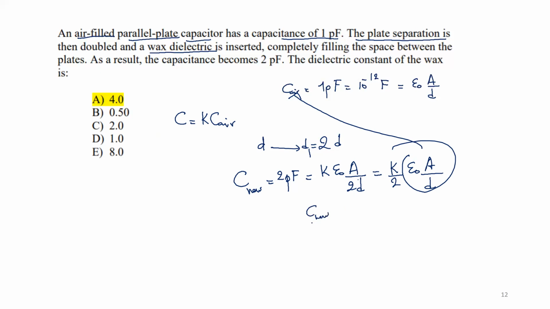So C new divided by Ca is just kappa divided by 2. So my kappa, my dielectric constant, is 2 times C new divided by Ca. This gives me 4. The dielectric constant is always bigger than 1. So this is my dielectric constant, 4.